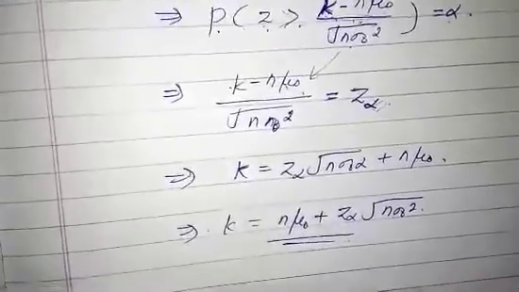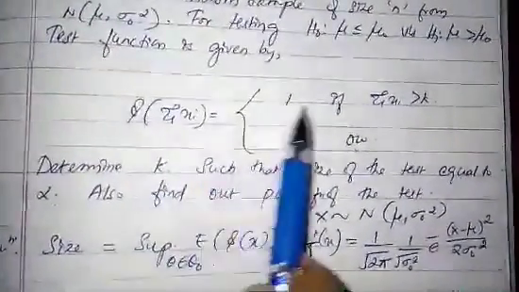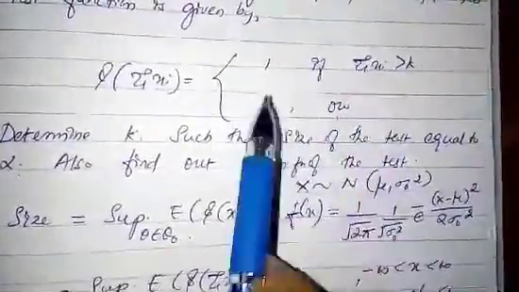Then what is the rejection region in this problem? In this problem the test function is 1 if summation Xi is greater than k, 0 otherwise.